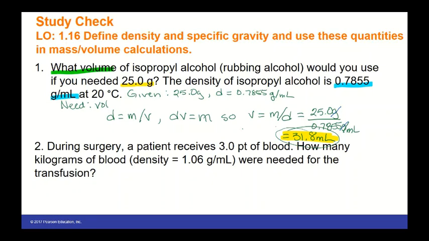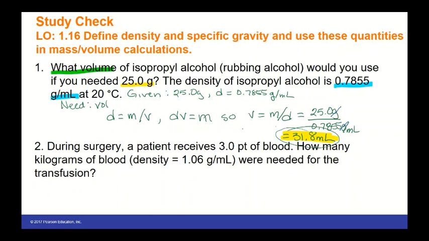During surgery, a patient receives 3.0 pints of blood. How many kilograms of blood, with a density of 1.06 grams per mL, were needed for the transfusion? Don't forget, you're going to need a conversion unit from pints to milliliters.